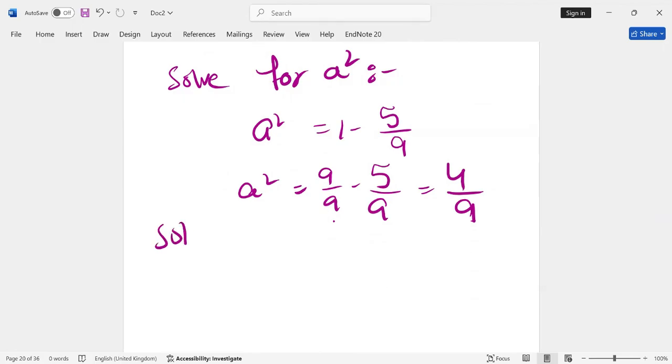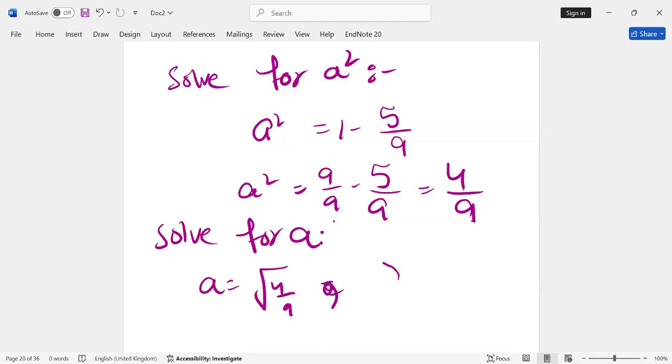We have a equals the square root of 4 by 9, or a equals minus the square root of 4 by 9.